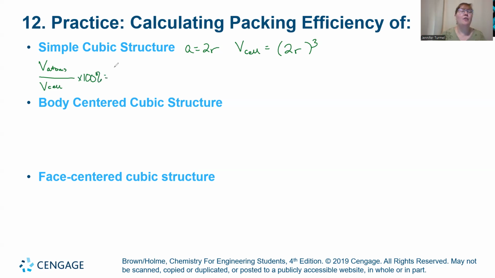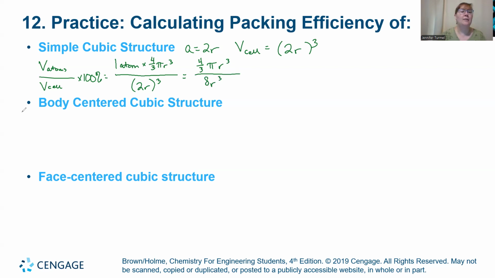The volume of our atoms is going to be 1 atom times 4/3 pi r cubed, divided by (2r) cubed for the volume of our cell. I'm going to show you all the fun algebra for this. So we have 4/3 pi r cubed over 8r cubed.